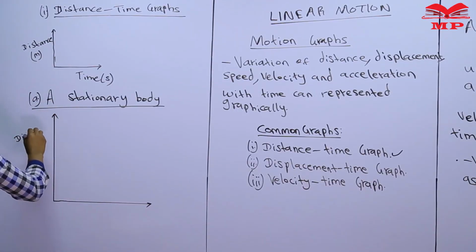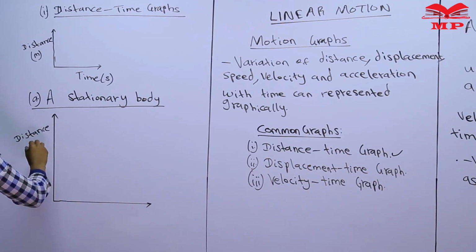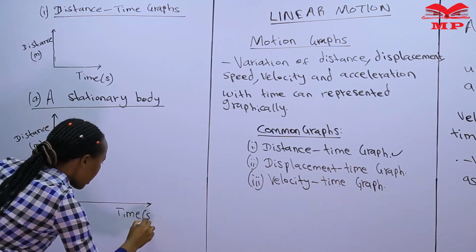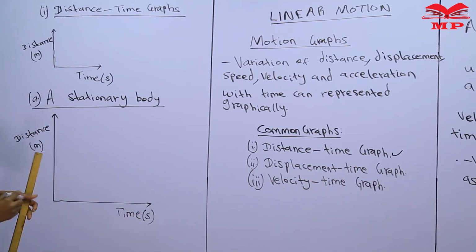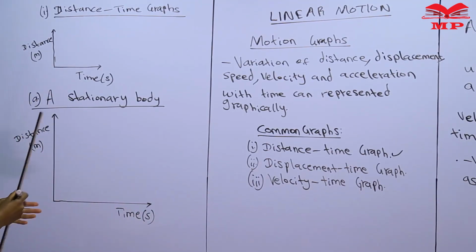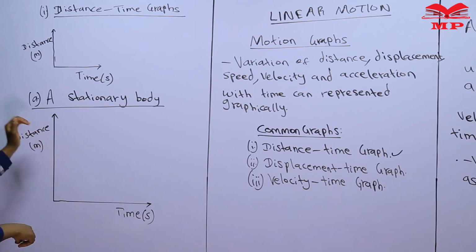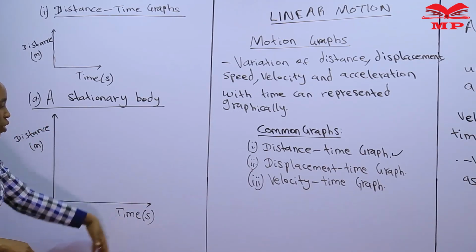We have distance in meters, then we have time, the SI unit of time, which is seconds. So for a body that is not moving, it simply means that the distance remains the same. The distance does not change, but time will keep changing.